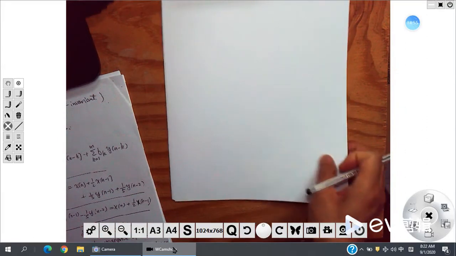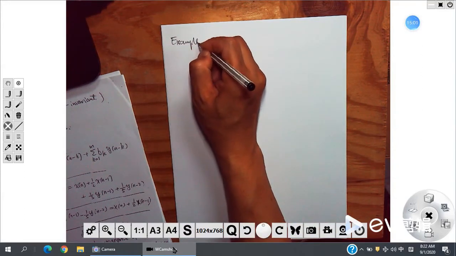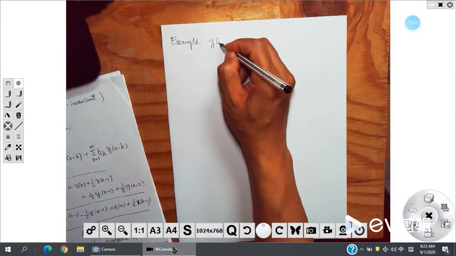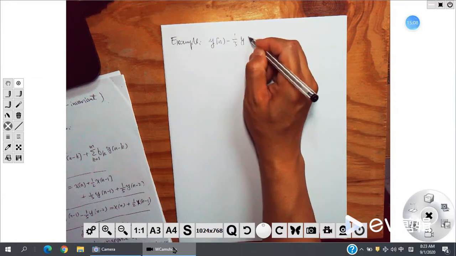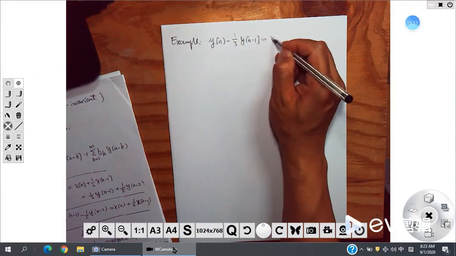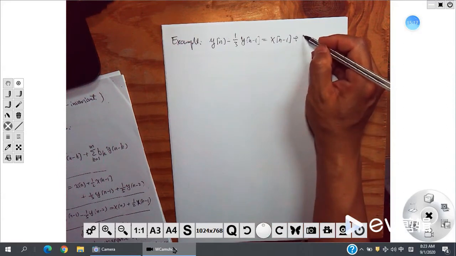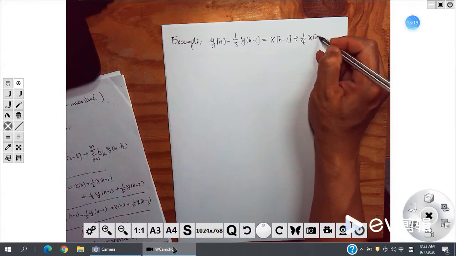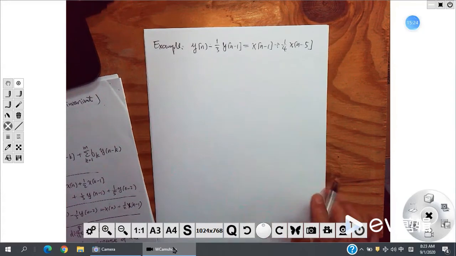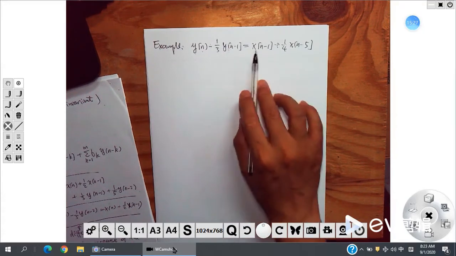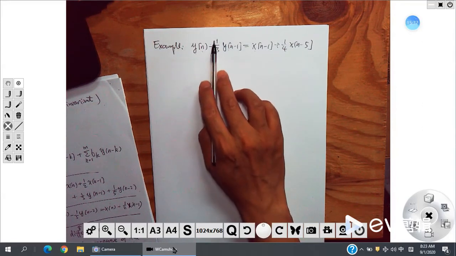We can check an example. We see y of n minus 1/3 y of n minus 1 equals x of n minus 1. If I want more, like 1/4 x of n minus 5, for example. This is an LTI system. We have some y terms and some x terms, and the coefficients are just constants.